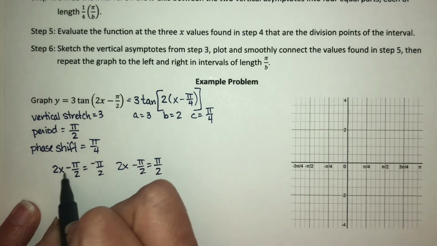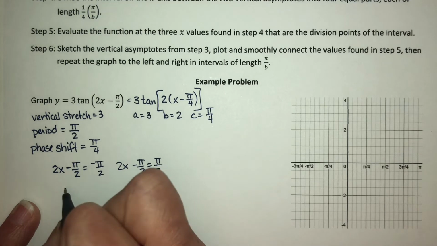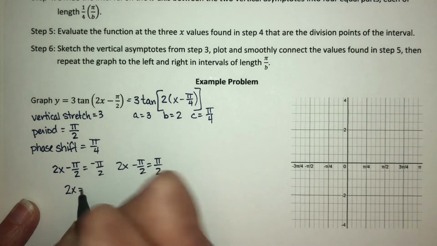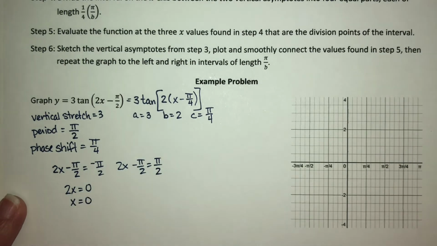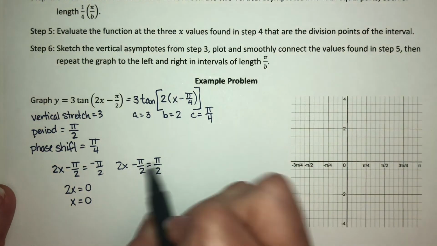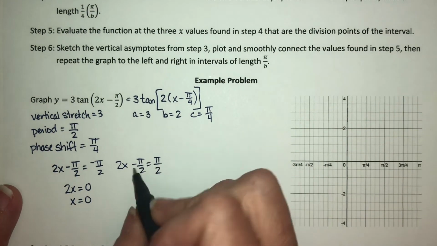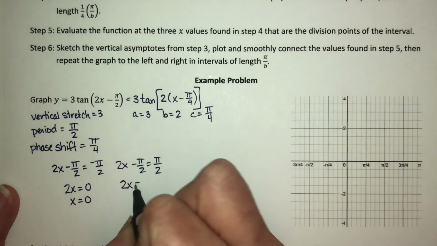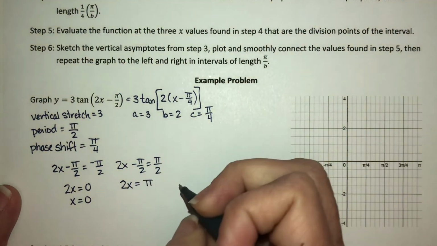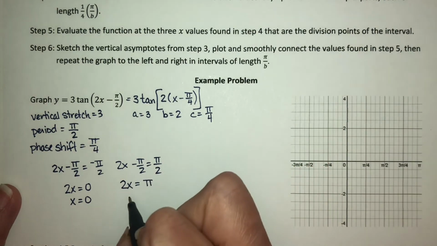Okay, so here if I add pi over 2 to both sides, I've got 2x is equal to 0, so x is equal to 0. I have a vertical asymptote at 0. Here, if I add pi over 2 to both sides, I get pi. So x must equal pi over 2.